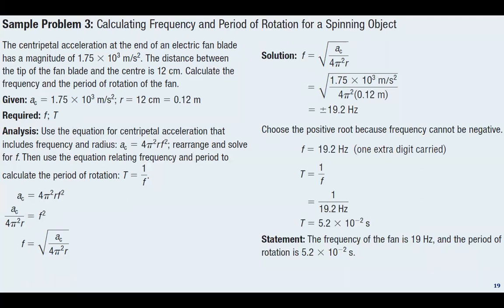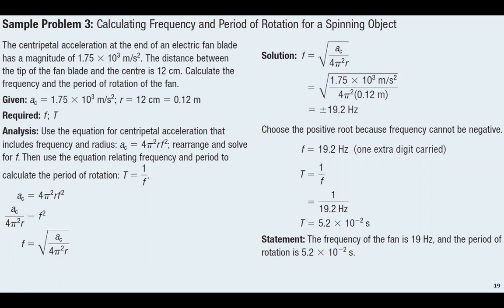Okay, so we know the frequency of this motion is 19.2 hertz. And then the period of this motion, T, equals 1 over f, which is 1 over 19.2 hertz, which is approximately 5.2 times 10 raised to the power of -2 seconds.